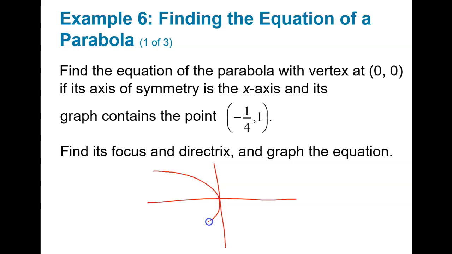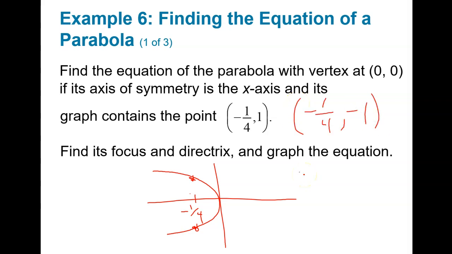The reason I know it is because -1/4 would be in this direction. So -1/4, 1 is to the right and up, so that means that parabola would need to open to the left. All right, and then that means that would also be there, -1/4, -1, because again the x-axis is the axis of symmetry. So we'd also get -1/4, -1 would be a point on there.